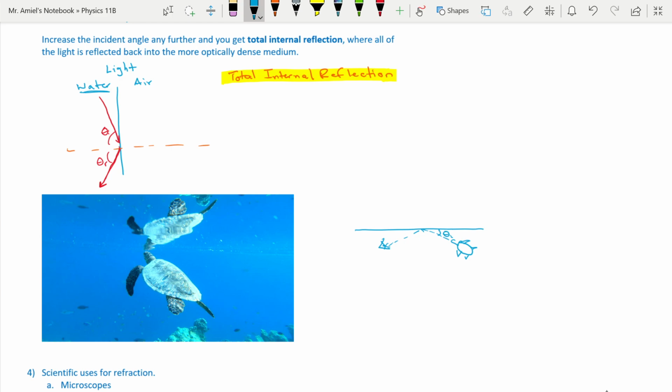So your angle of incidence, oh, that's not your angle of incidence, is it? Let's draw our normal line. Your angle of incidence here is equal to your angle of reflection here. So the surface of the water is acting like a mirror here. So you can actually see the reflection of the turtle in the surface of the water.